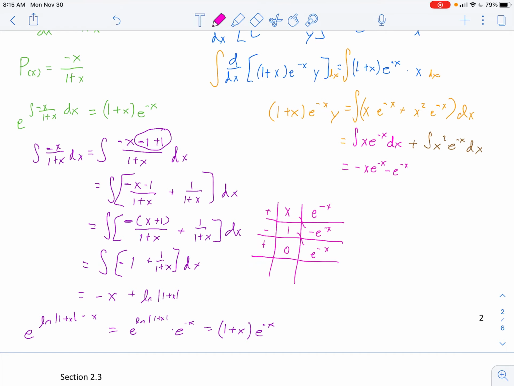We finished that already. And now we do it again with the tic-tac-toe method, but with x squared and e to the negative x. And again, plus, minus, plus, minus. And so we get 2x, keep taking the derivative as we go down until we get to 0. Then do antiderivative with the exponential.